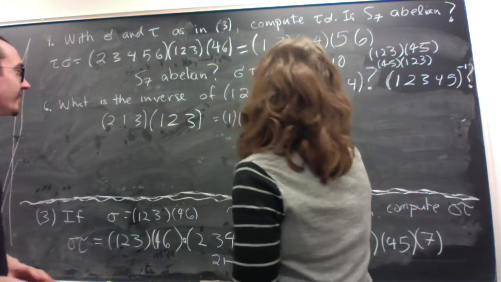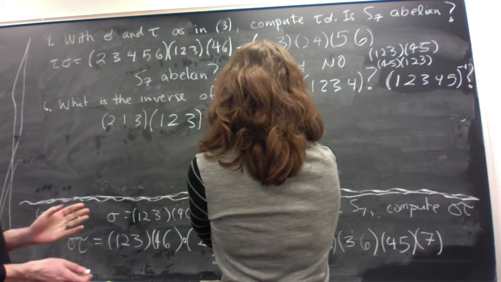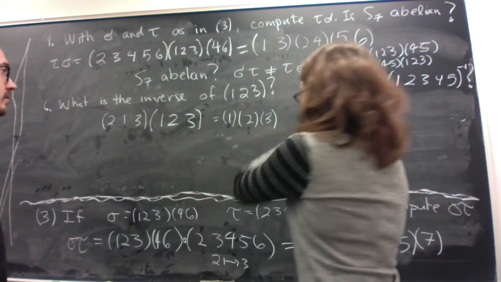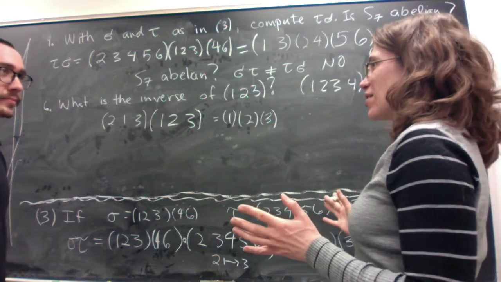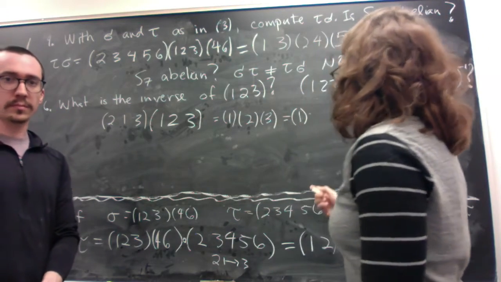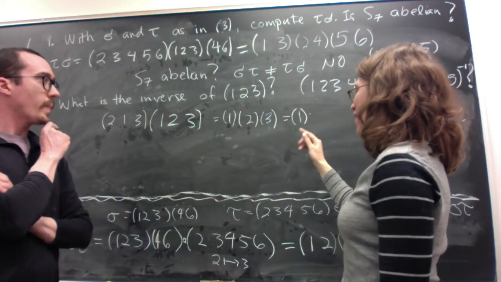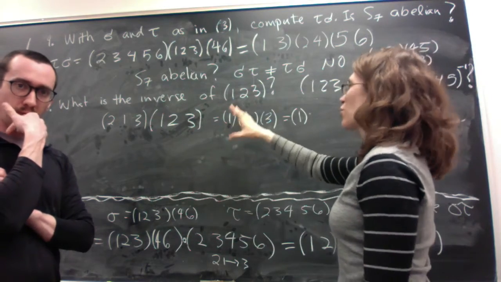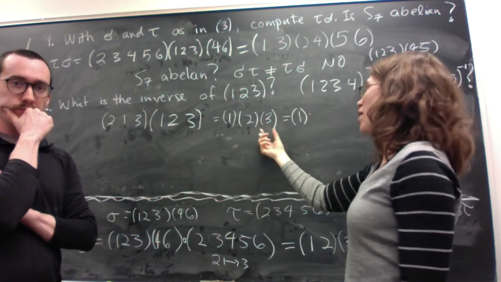Anyway, so this means that 3 has to go to 3 here, right? Well, it should. 3 goes to 1 and 1 goes to 3. So instructor meta comment is that we would usually write this as just (1), to say that everything goes to itself. In general, we don't write these 1 cycles.